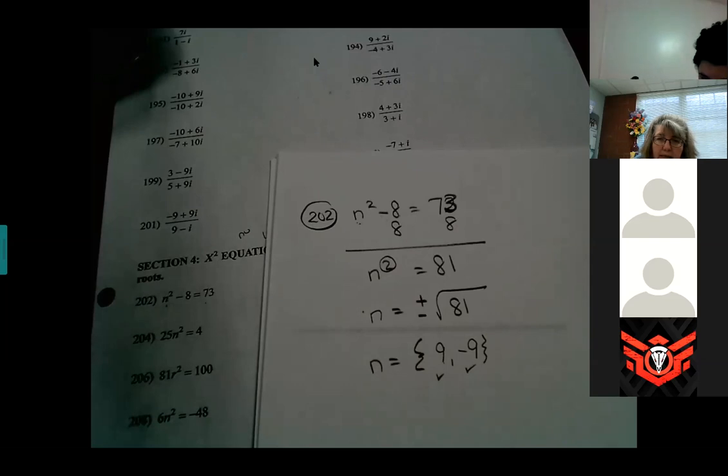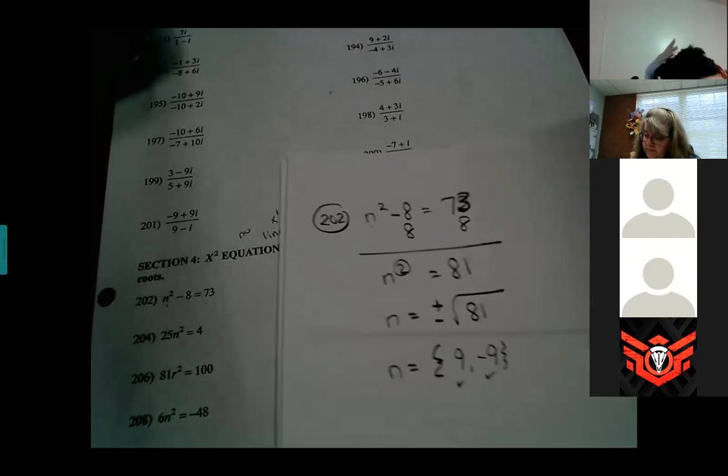Derek raised his hand. Logan, you with me? Okay, halfway. Is that what that means? Okay, we'll do more examples. Emmanuel, do you get it or no? Okay, let's do another one.